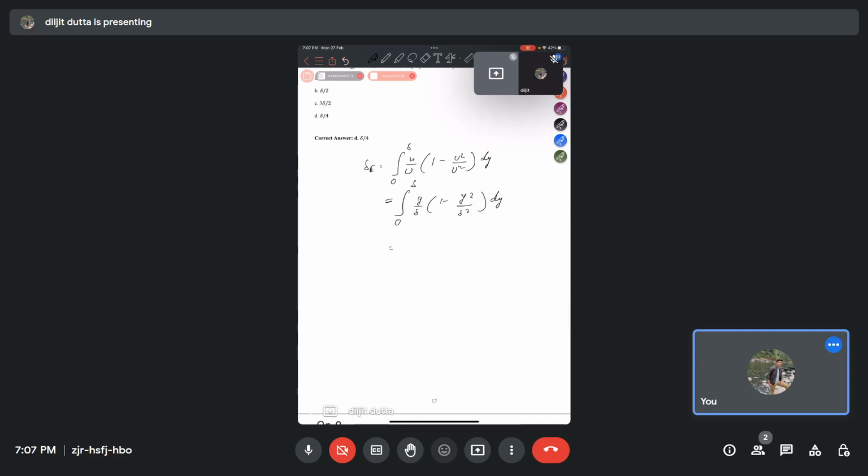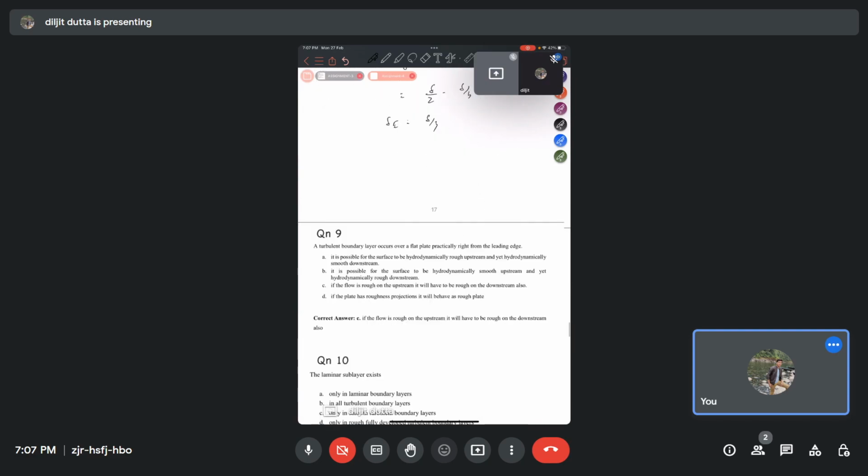So it is 1 by delta into y square by 2, from 0 to delta, minus 1 by delta cube and y to the power 4 by 4. So delta E is delta by 4. Simple numerical.